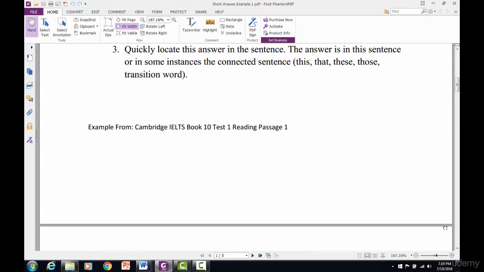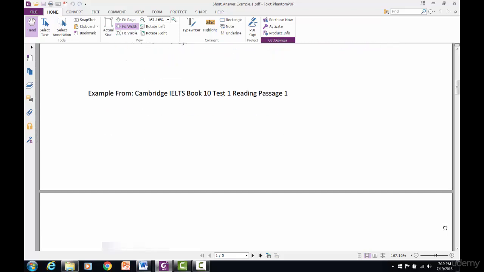All right, so this comes from the Cambridge IELTS Book 10, Test 1, Reading Passage 1. Again, Cambridge IELTS Book 10. I'm a big proponent of your getting these books. These are the best books to practice from. I don't work for Cambridge, so I'm not getting any profit from that.